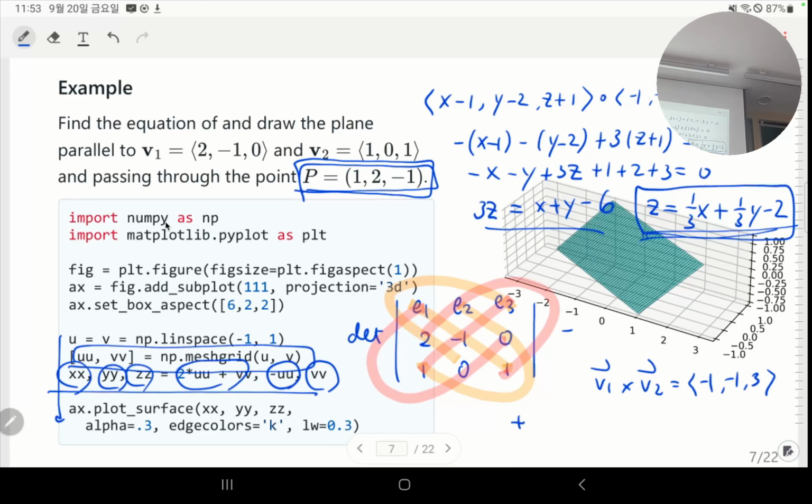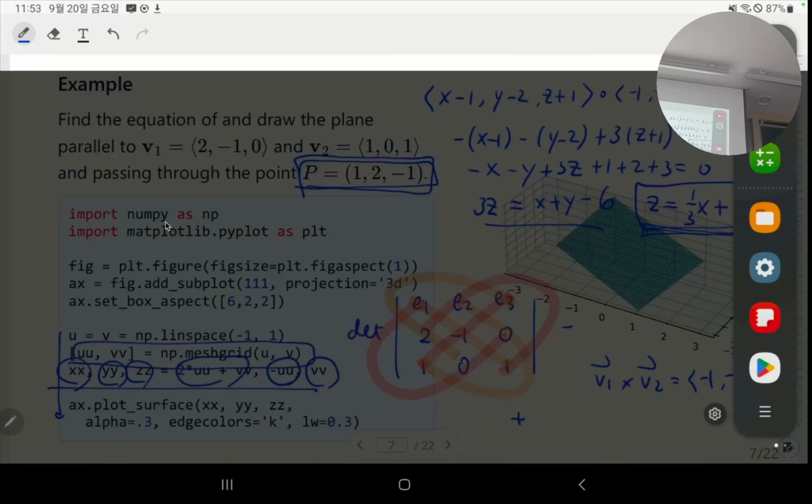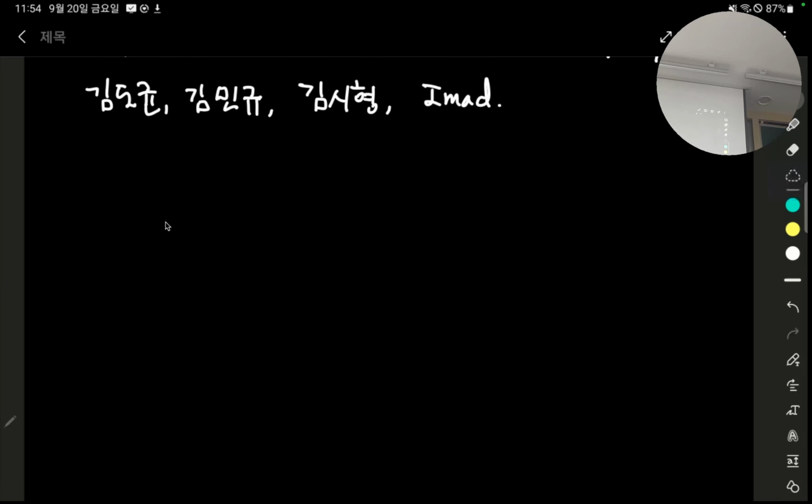There is another way of parameterizing the plane. This is one way: a parameterization of the plane as if you're looking at a two-dimensional function. But think about this case. Let's use this one.